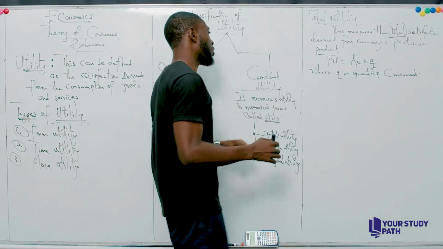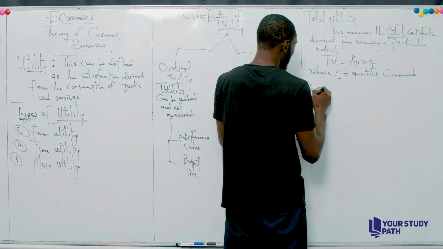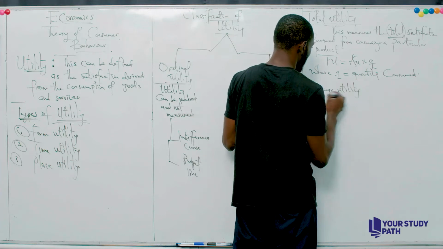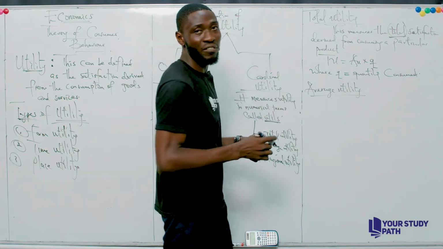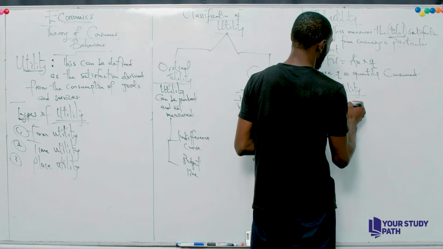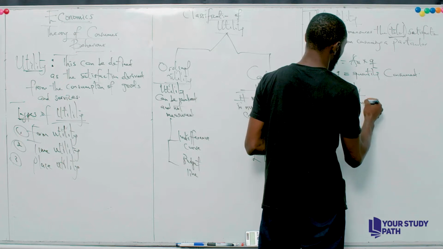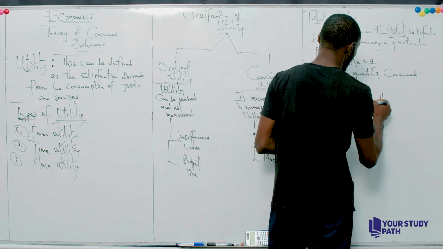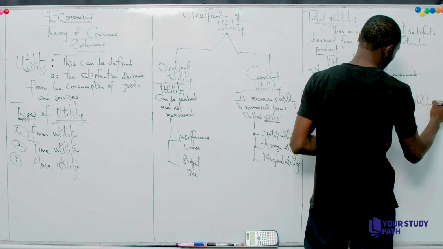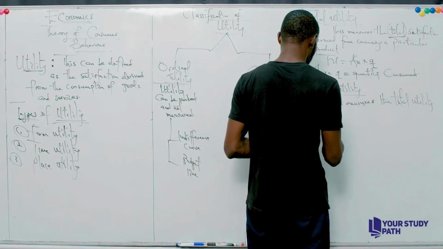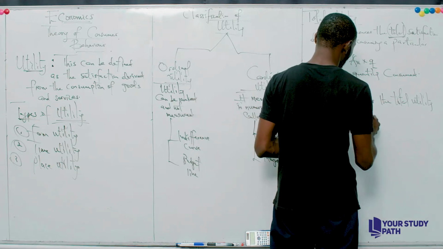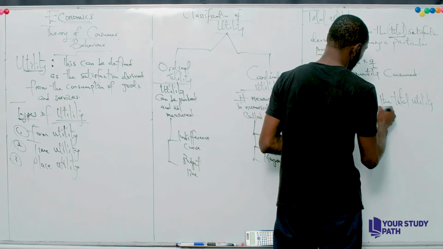All right. Now we move on to the average utility. What does the average utility measure? Let's write that down. This measures the total utility per unit of quantity consumed.